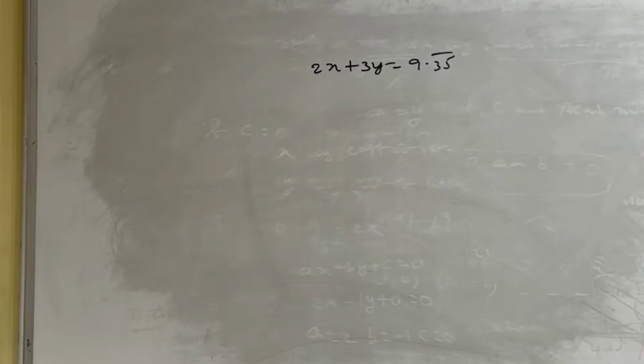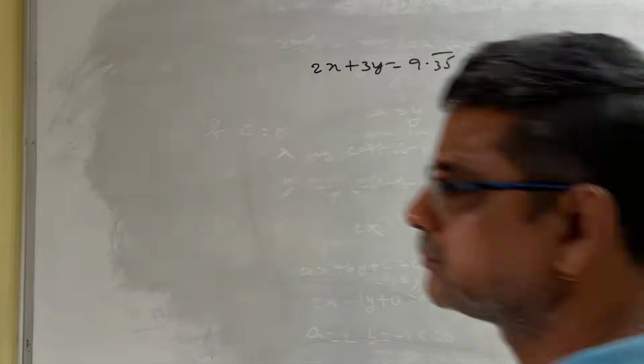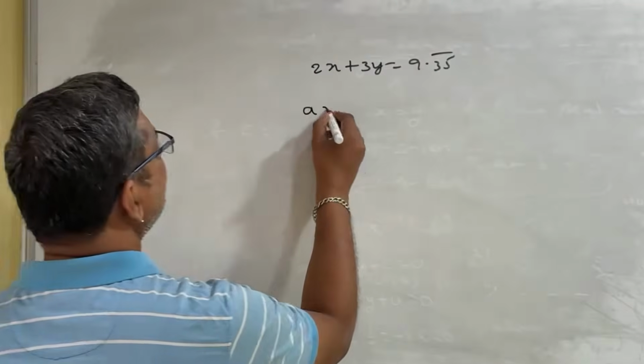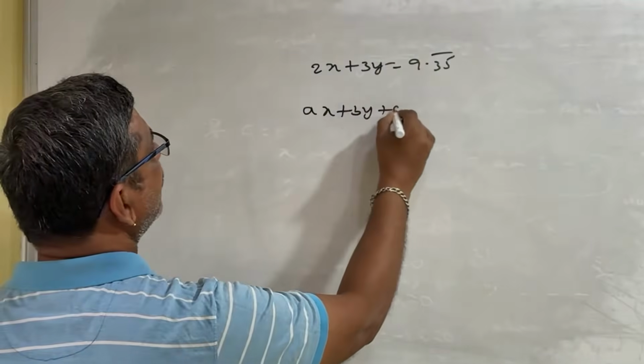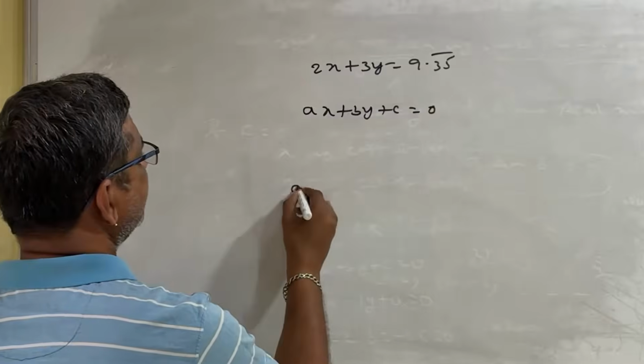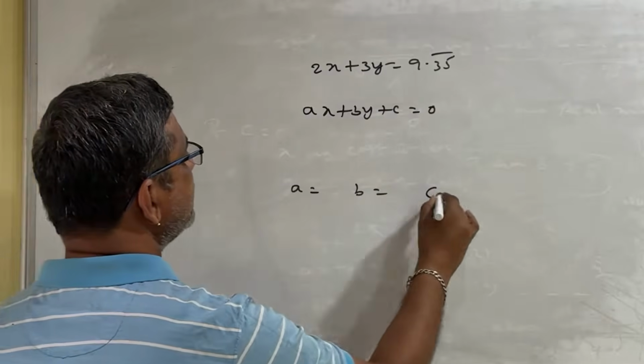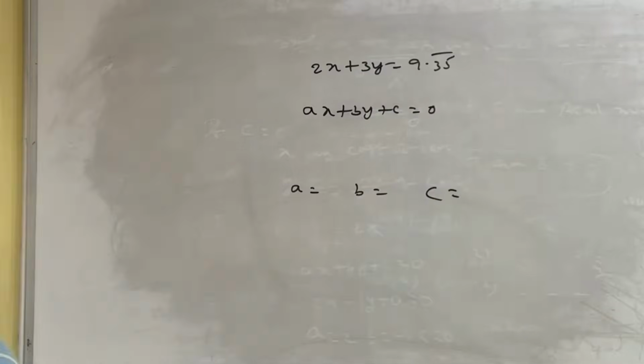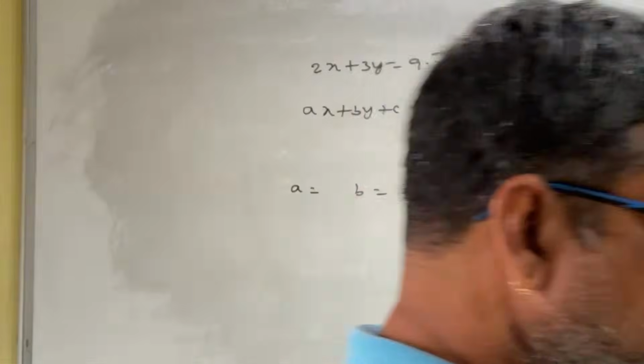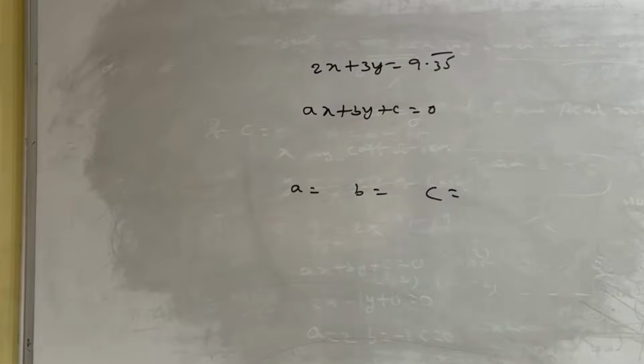We need to write it in the general form, ax plus by plus c is equal to 0. We need to express this one in the general form, and after that we need to write down the values of a, b, c. So what is your answer, children?